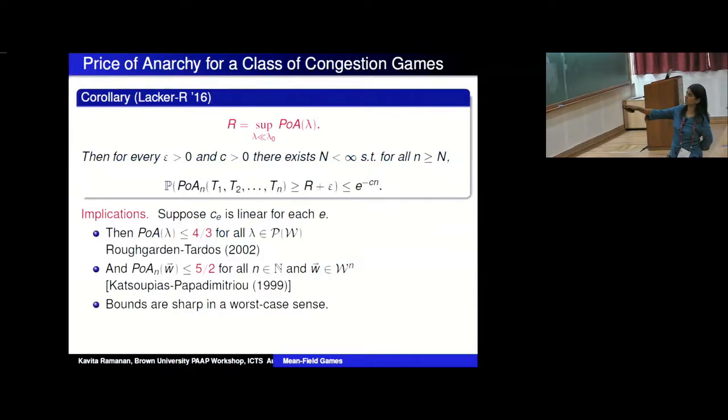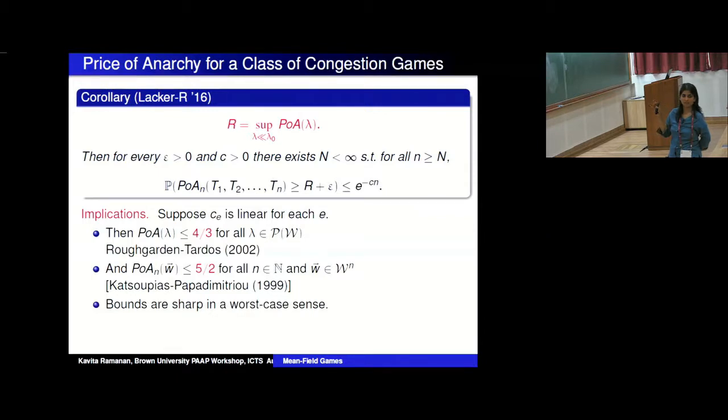What we're able to say is that if you look at R, what is R? In this case, it's the worst price of anarchy over all possible types that you could get. So you look at the worst case. Then for every epsilon greater than 0, there exists n such that for all large enough n, if you choose that type distribution, the probability that your price of anarchy will be greater than this worst case goes exponentially small.